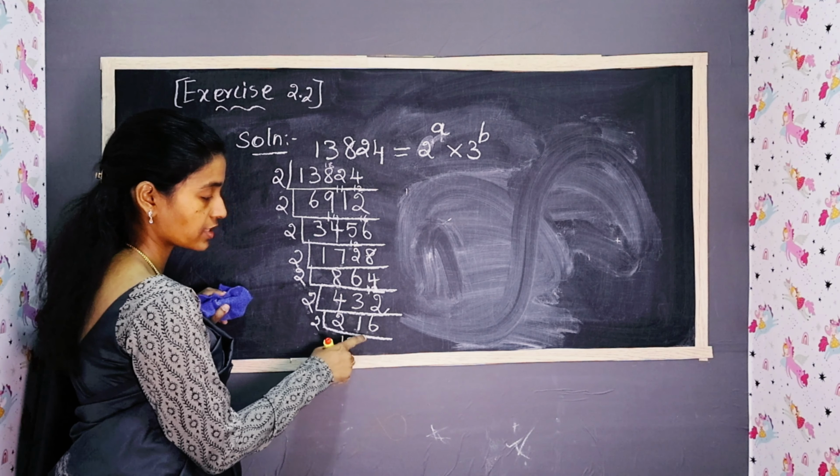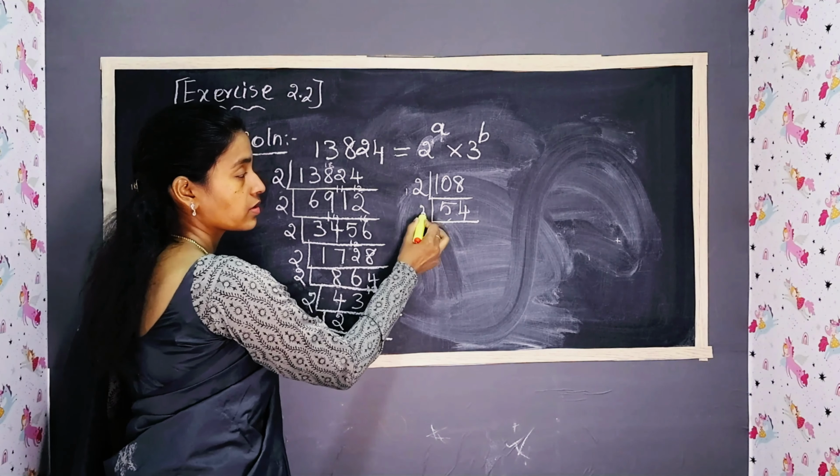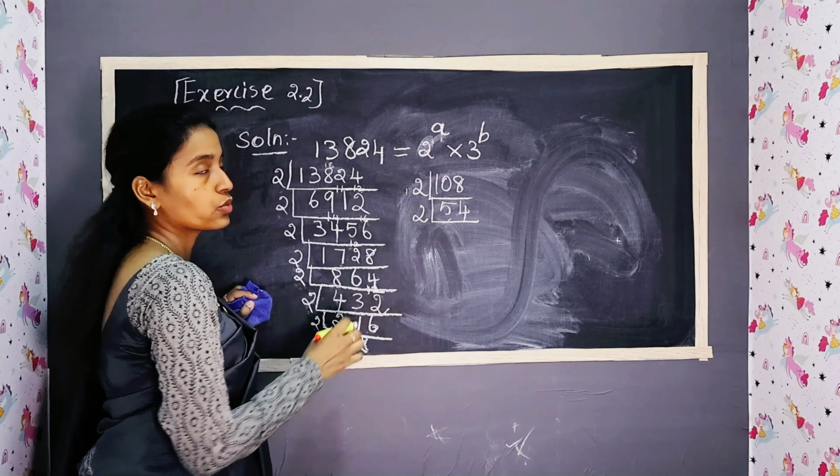You have to continue, you have to write this continuously. So 1 and 1, not 8, I have to check with 2. If I am dividing 10 by 2, I'll be getting 5, right? Then 8, if I'm dividing 8 by 2, I'll be getting 4. 4 2s are 8, right? Again, the last digit is 4, so I'm taking 2.